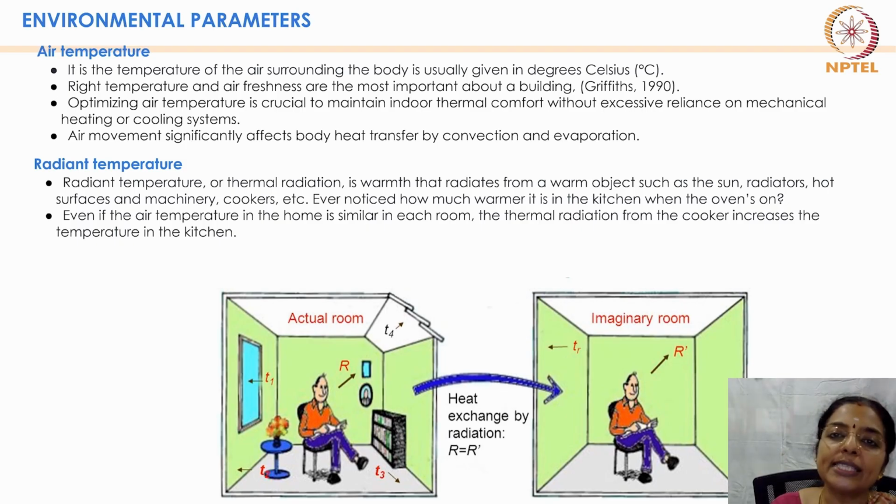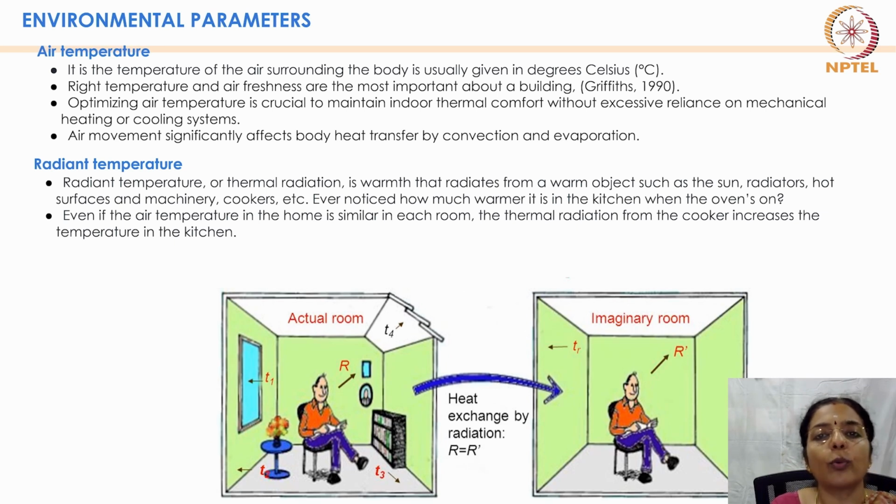Air movement significantly affects body heat transfer by convection and evaporation. It can be measured using thermometers, but on its own, this will not give an indication of thermal comfort.